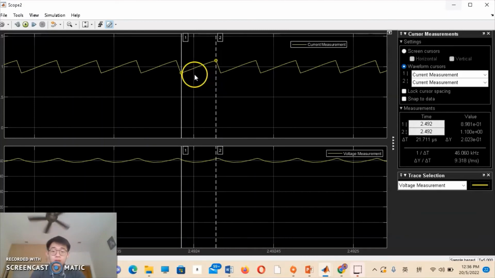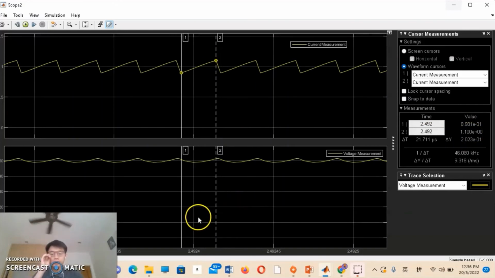Okay, so cursor 1 here will be the minimum inductor current, which is around 0.9 ampere, and cursor 2 will be the maximum inductor current, and the value will be around 1.1 ampere.